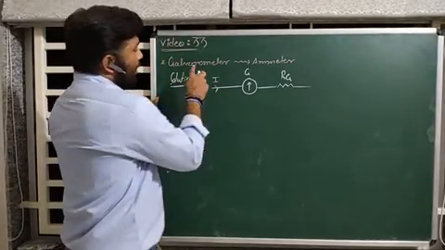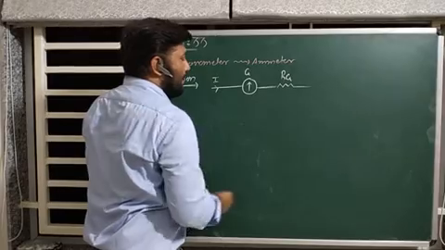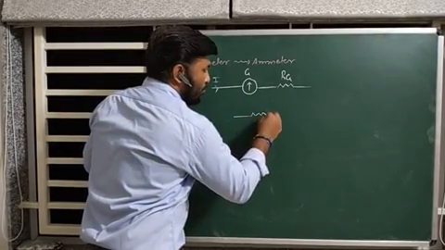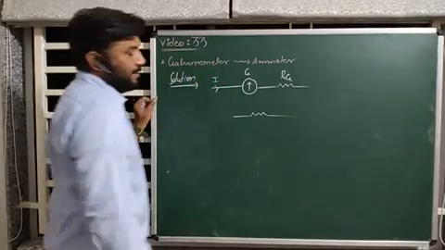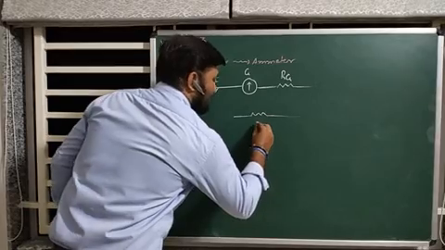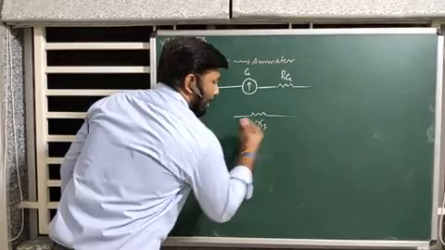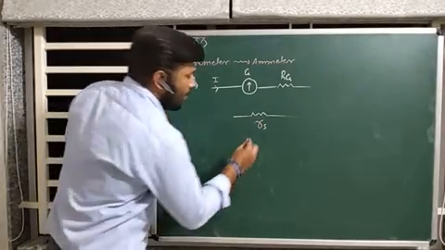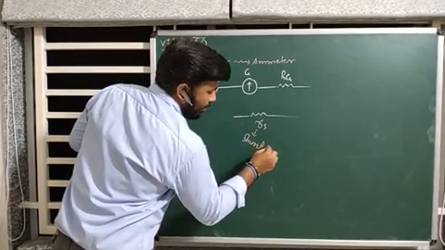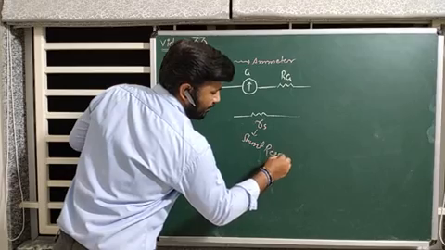Now, to convert the galvanometer into an ammeter, in parallel you have to join one more resistance. That resistance is symbolized as Rs. What is it called? It is known as shunt resistance.